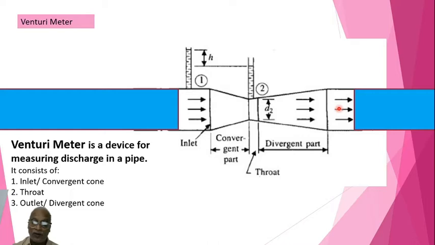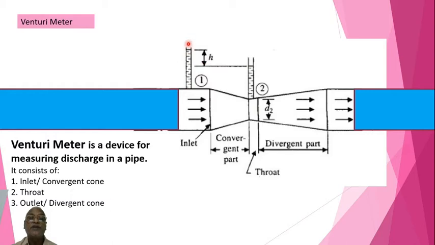At the outlet. Okay. One more thing that you should observe here is there are tubes or piezometers attached at the entrance level, which we call section 1, and at the throat level, section 2. Here, as there is a convergence, the velocity will be more, obviously. As the velocity increases, the pressure drops down. You can just see here.